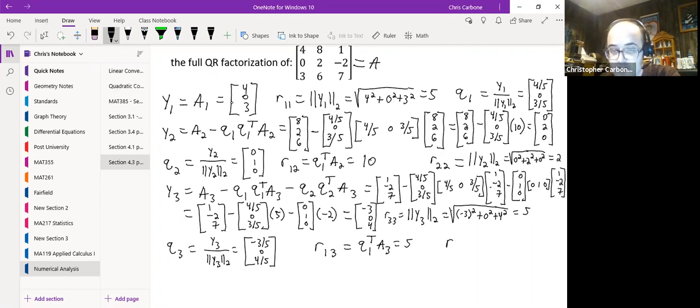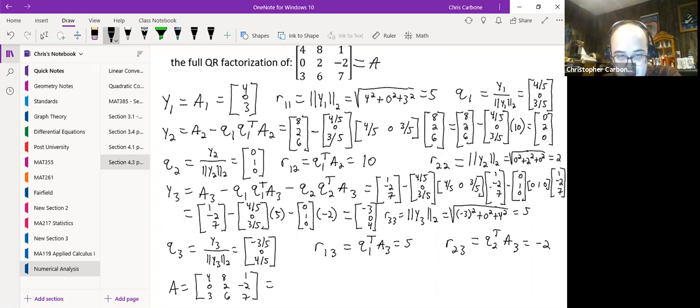The value of R sub 2,3, which is the last one that we don't know about, was Q sub 2 transpose times A sub 3, which gave us a value of -2. Okay, so now we can write out a full QR factorization. So let me just rewrite what A was. This is 4, 8, 1, 0, 2, -2, and then 3, 6, and 7.